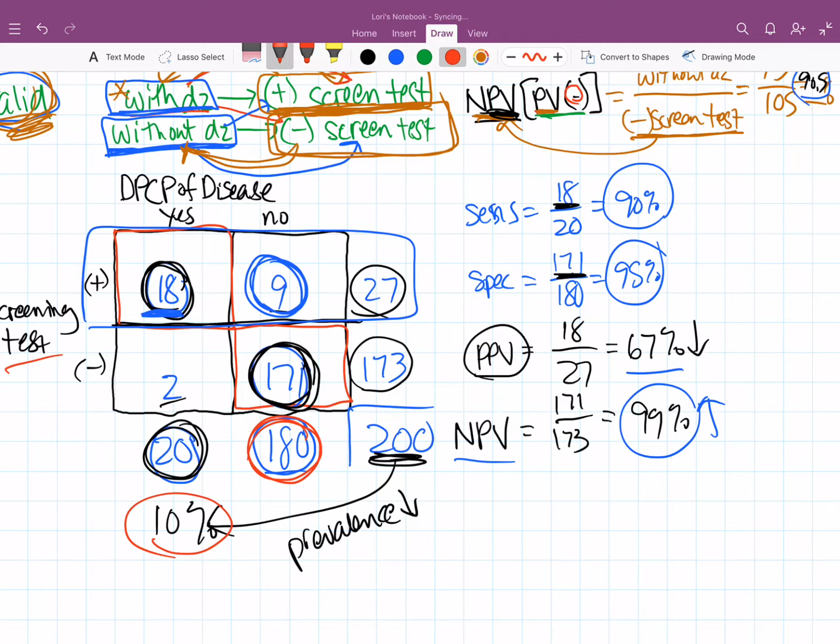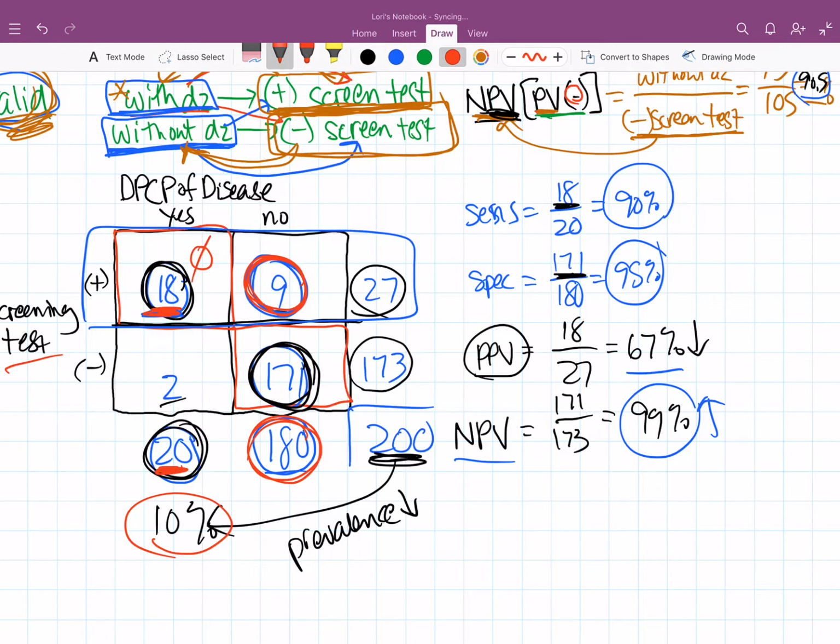And so you can also think about it this way. As this number approaches 0, this number also goes down and down and down and down. The only number that's left is here. And so this really approaches infinity.